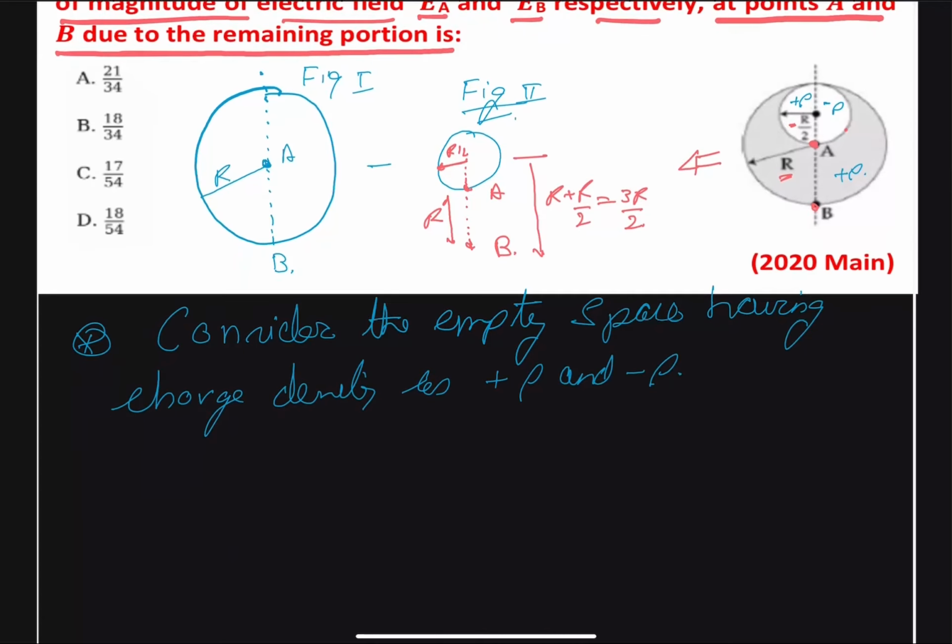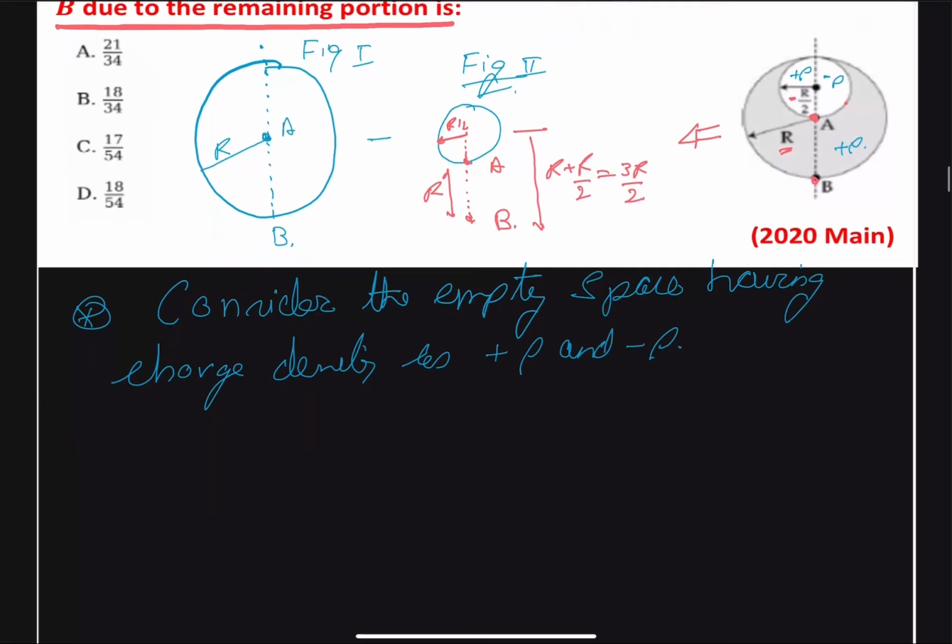So for figure 1, we are given that our charge density is plus rho.